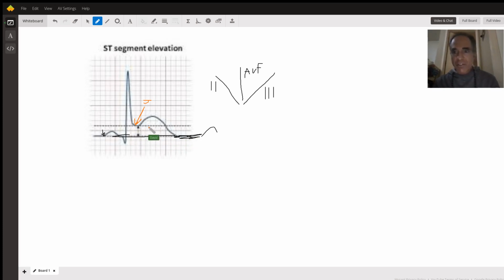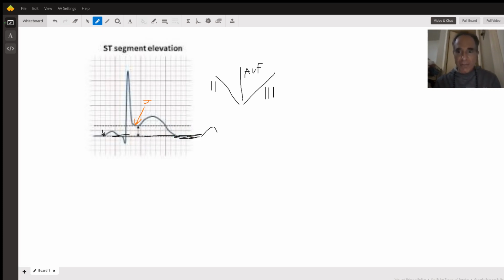Each little box corresponds to 0.1 millivolts. Now, in most of the leads, 0.1 millivolt is enough. If you're at least 0.1 millivolt of elevation of the J point, meaning of the ST segment, above the isoelectric line, then you can say you have ST elevation in that lead.